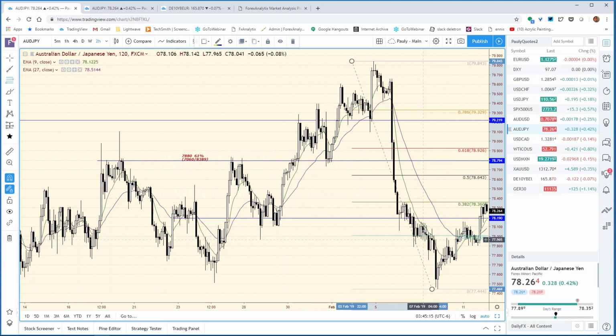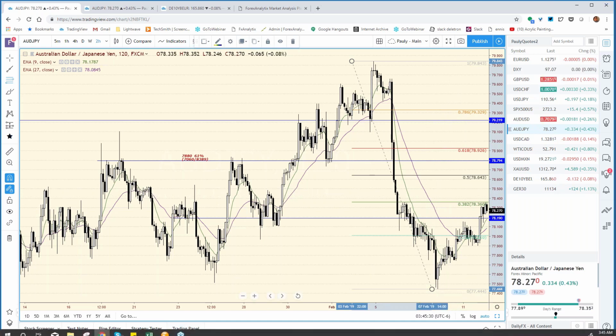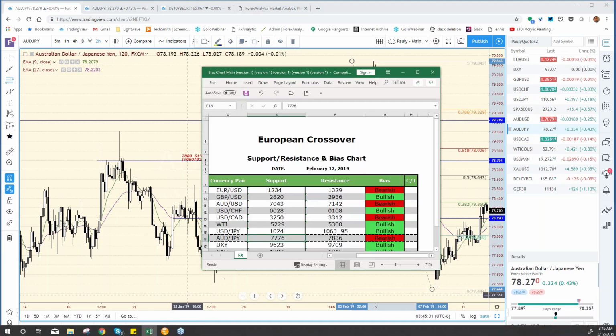You can see how it's just up and down, then we dip, kind of up and down, we move. But we've made it here to the 38%. We'll put the resistance just a hair above, which is going to be 78.51. I think we already had that right here.